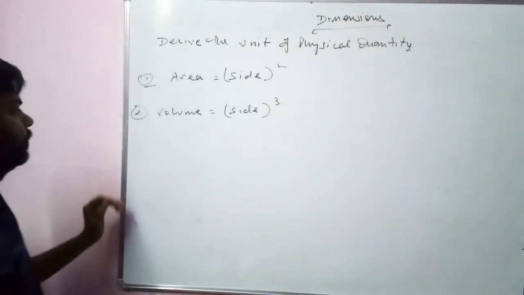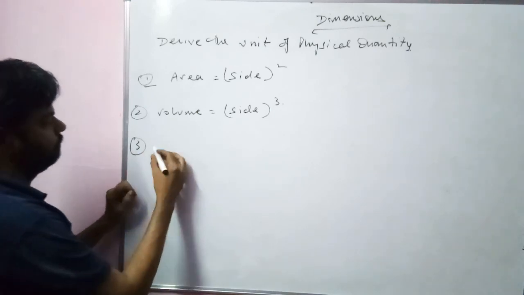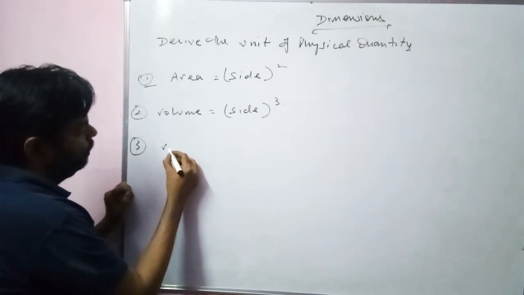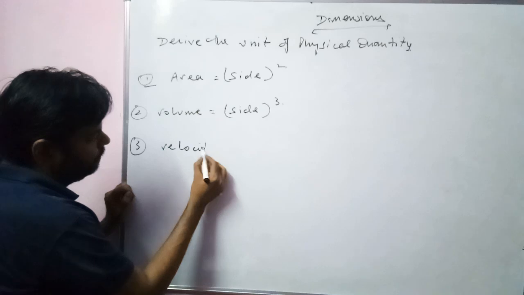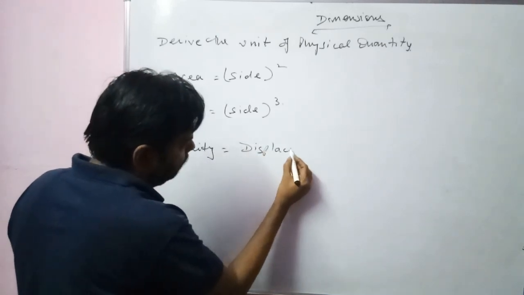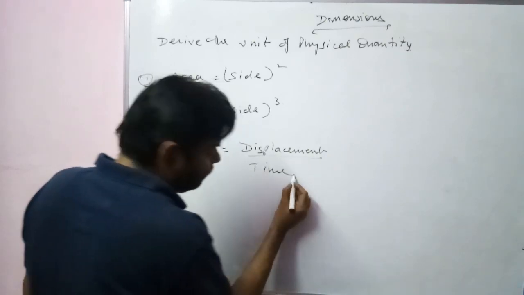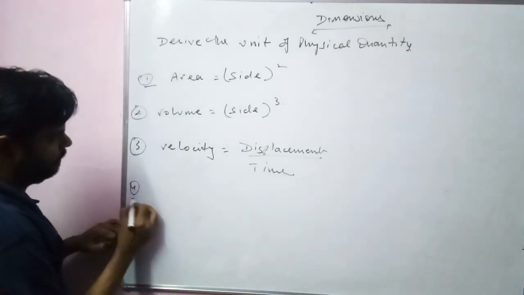Got it? Third, velocity is written as displacement upon time.